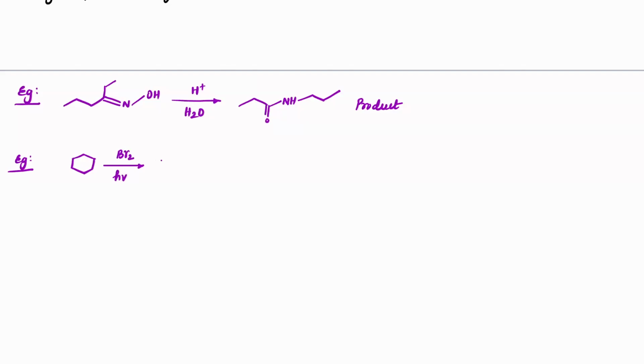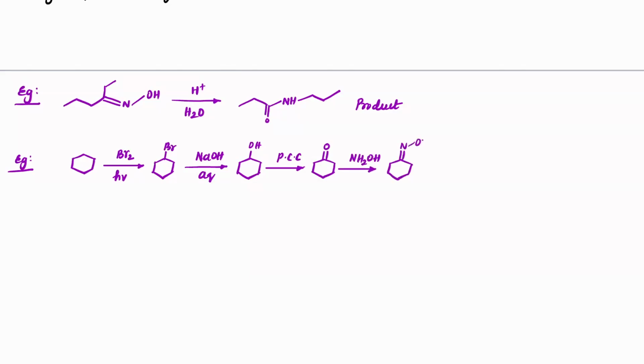So first you will get bromine here, and that on reaction with NaOH aqueous will give you OH here via SN2 or SN1, and then using PCC we will get this as C double bond O, because it gets oxidized, and then using ammonium hydroxide we shall prepare the oxime.